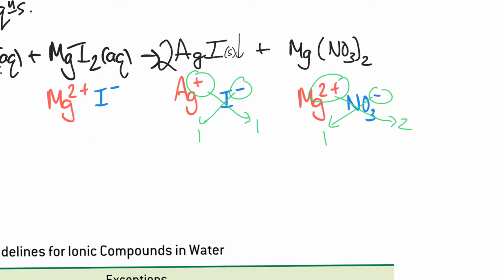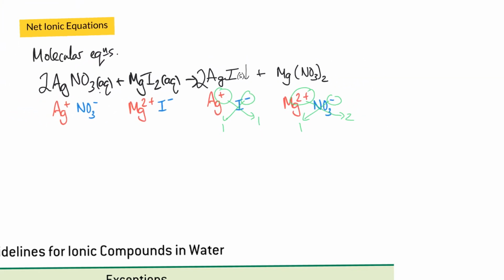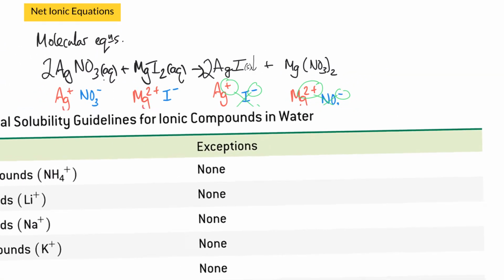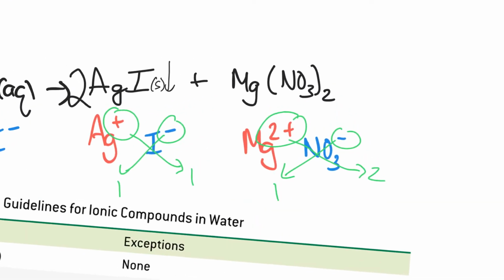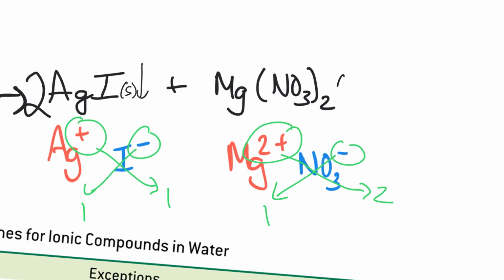Okay, and there's the Mg(NO3)2 at the end. And again, if we zoom back out and look at our solubility rules, what do we see for that? Well, magnesium's not mentioned on the list. Nitrate, though, is soluble with no exceptions. And so since it is soluble with no exceptions, we can just zoom right in and put a little S. Oops, sorry, we don't put an S there, do we?